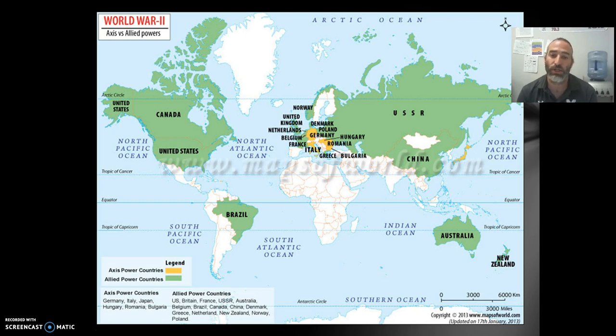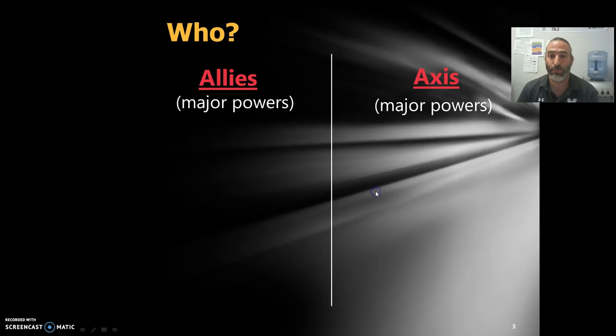India is part of the British Empire, and so they are fighting in the war under the control of the United Kingdom, not necessarily as themselves. They don't enter the war as India. So a lot of these countries in white contribute to the war, but they're not actively fighting as countries. They could still have peoples fighting in the war, but not under their flag, under the flag of a different country like France or the United Kingdom.